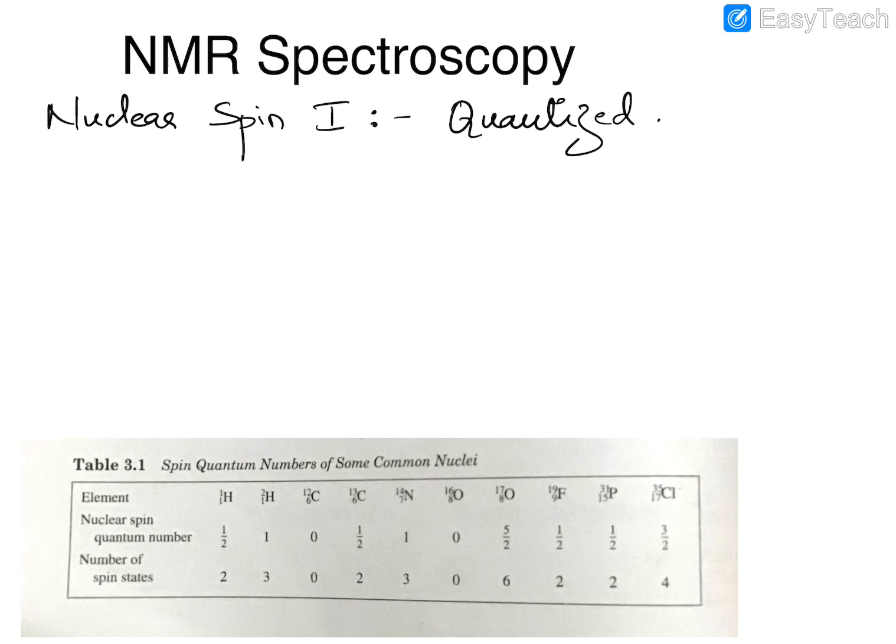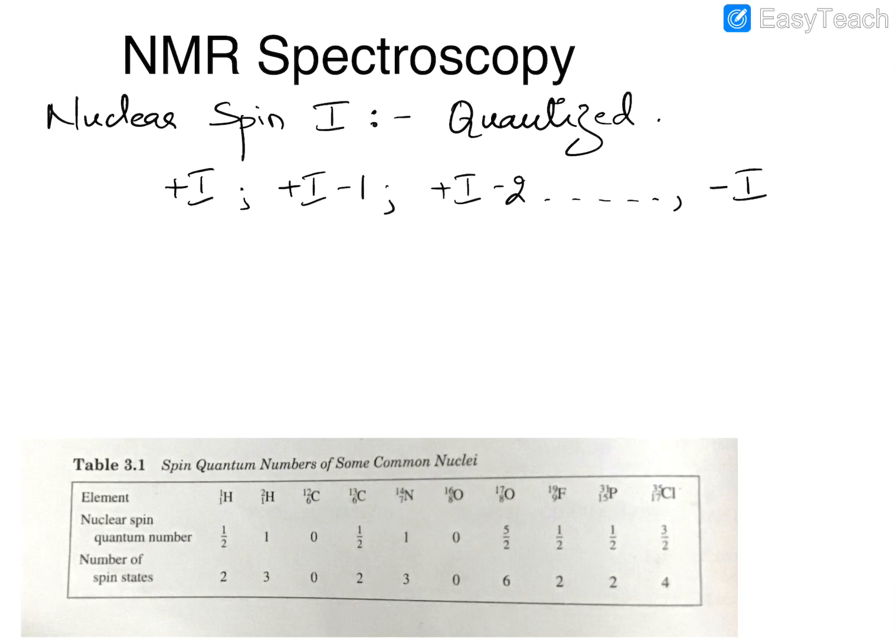It can take only certain discrete values, ranging from plus I to minus I. But it can't go continuously between plus I and minus I. It'll have to go in quantum increments of 1.